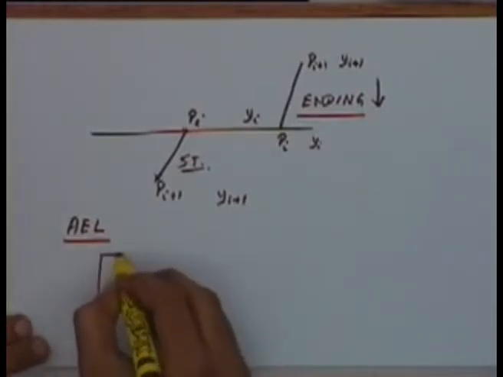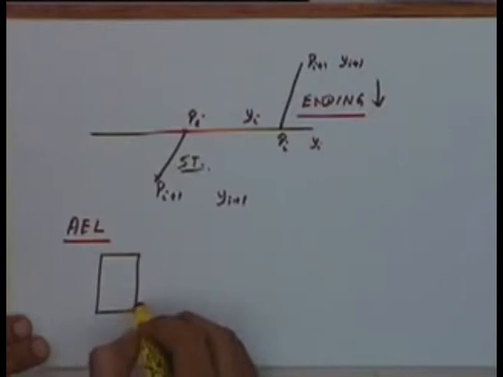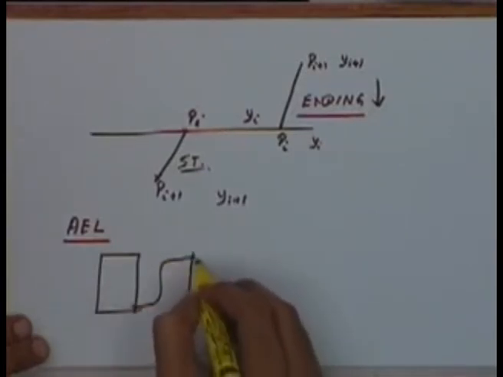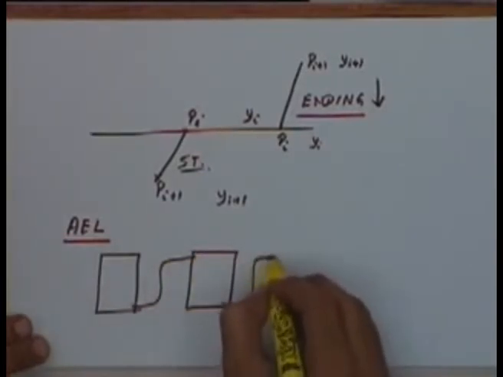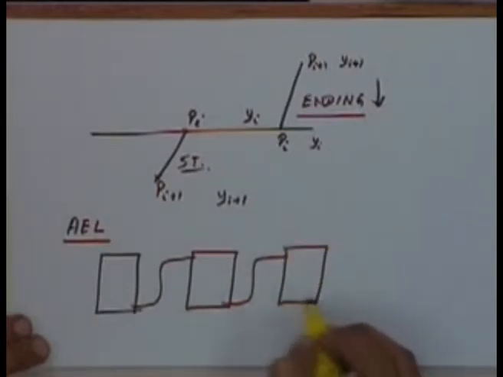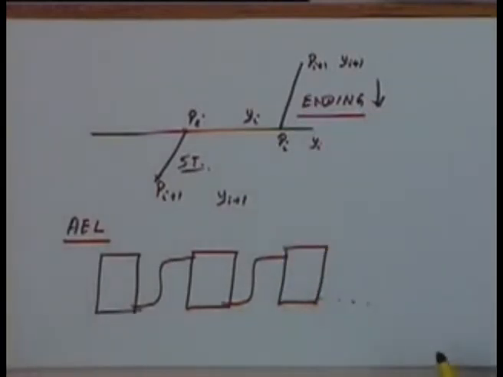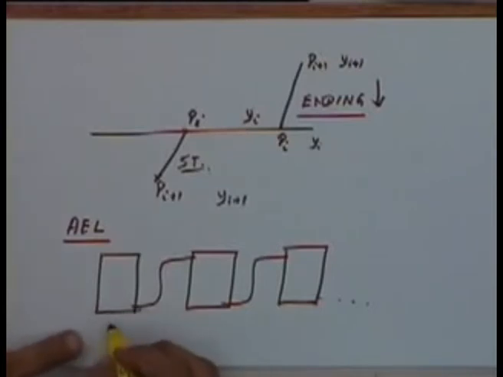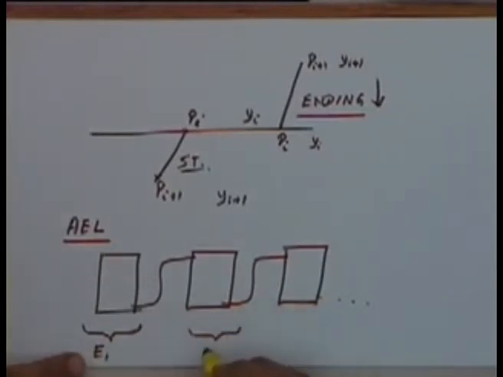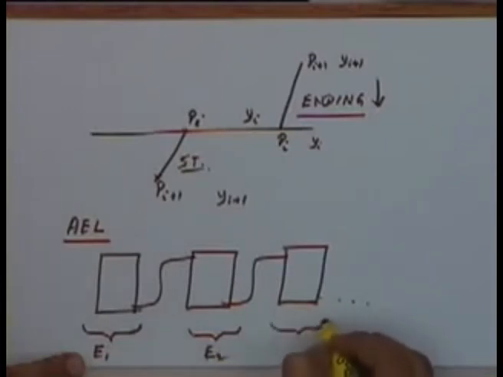We will have something like this, and so on. This is going to contain all the information for the first edge, edge 1. This contains all the information for edge 2. This contains all the information for edge 3.